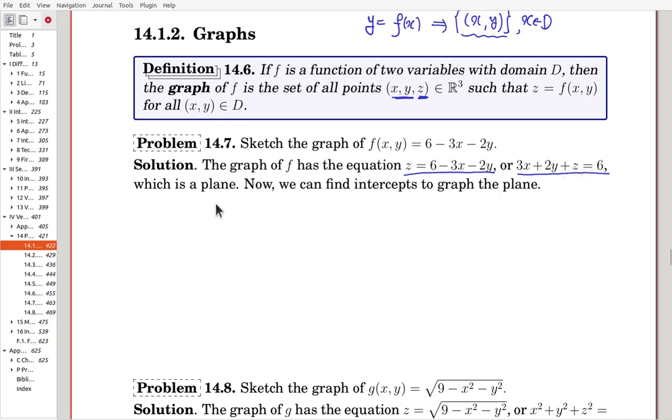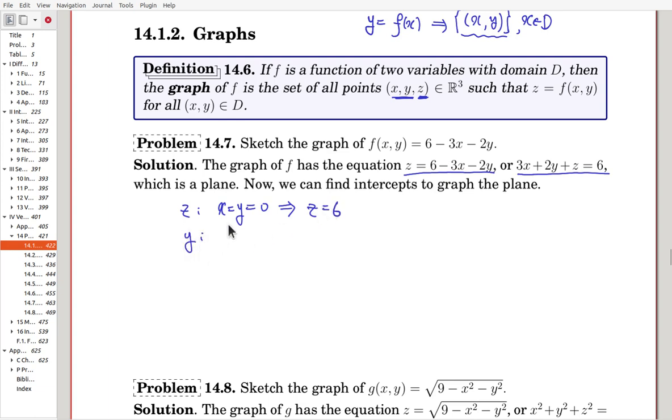For example, if x and y equal 0, which means it's in the z direction, we try to find the intercept with the z-axis, then z must be 6. How about y?